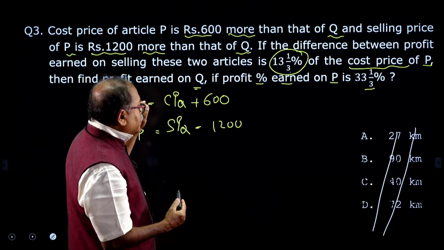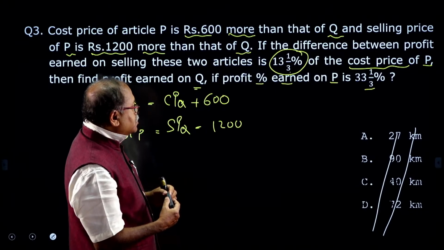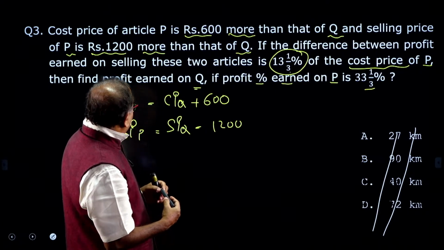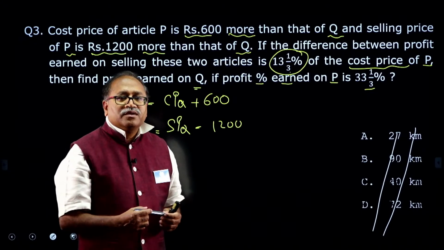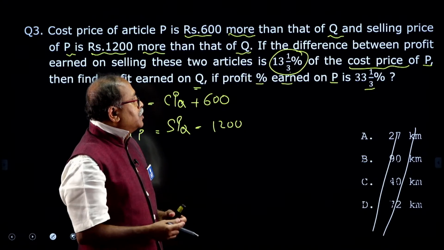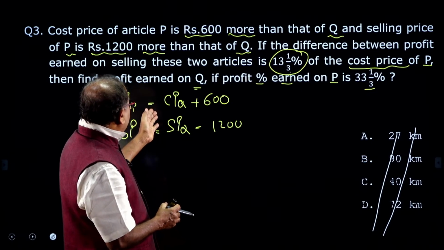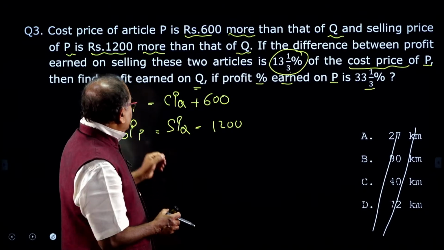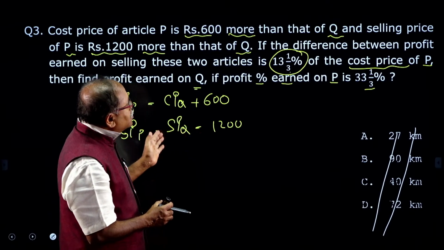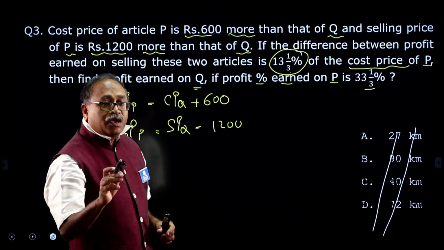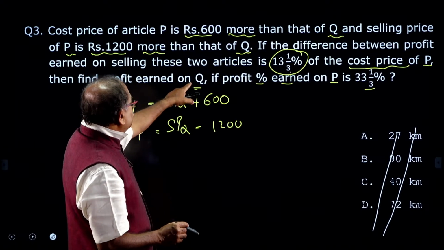Okay, fine. So, CP of P, think of it. I have an idea how to move on. I can convert the cost price of Q in the form of P, the selling price of Q in the form of P, and one important information is there here.